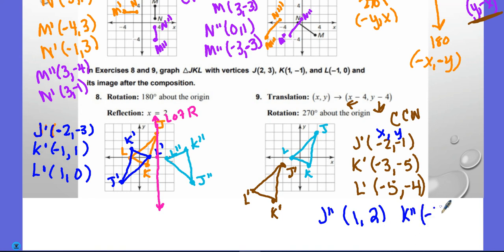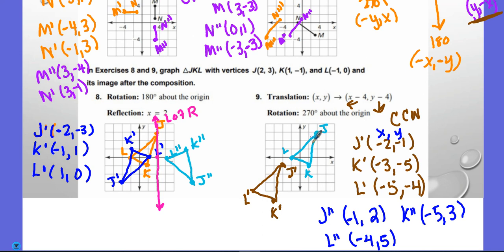K double prime would be -5, +3. This should be -1. You don't bother the y. You leave the y alone and you take the opposite of the x. And then L double prime would be switch these two and then take the opposite of x. So -4, +5. So that's 270 degrees worth of rotation, and we are going counterclockwise with this one.